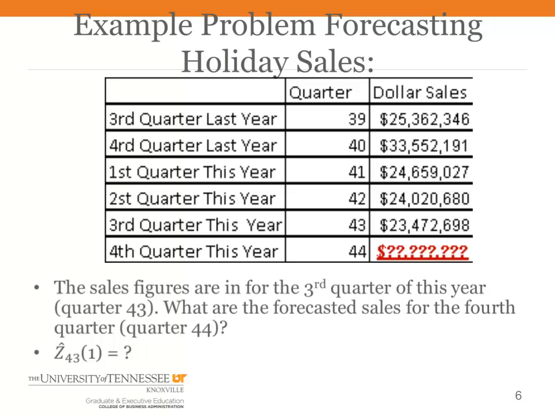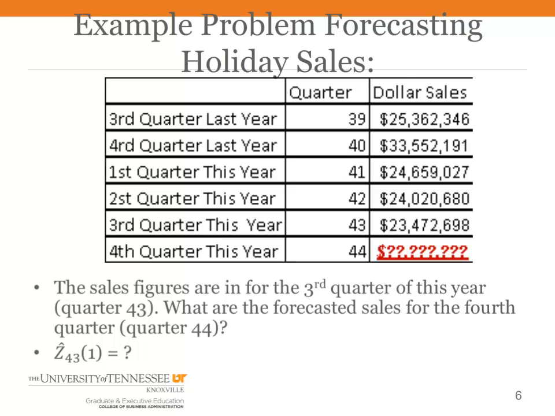Even if you had never heard of ARIMA models and you were given these numbers and asked to make a forecast for fourth quarter of this year, you'd come up with a pretty simple rule, which actually is what one of our ARIMA models will do. That rule would say there's two pieces of important information here. One is last year in third quarter we were at about 25 million. This year we've dropped down to 23 million third quarter of this year, quarter 43.